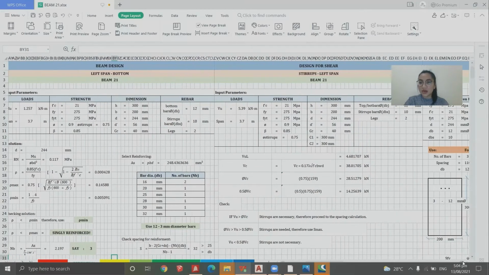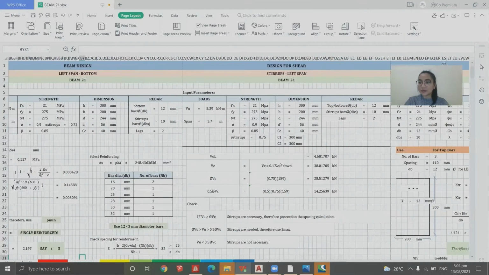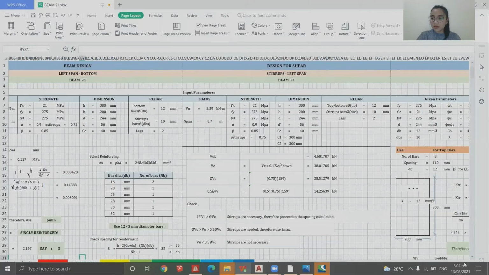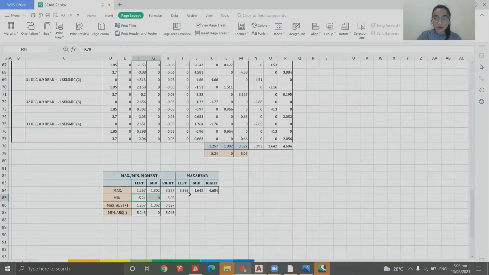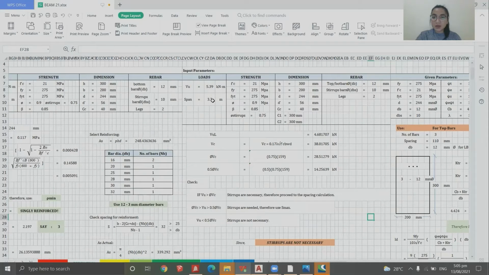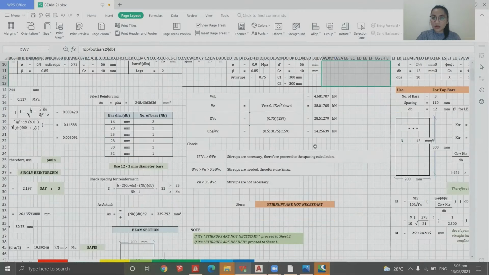Then we have here the design for shear. We have input parameters. Vu equals 5.39, which is still from the tabulation, 5.39. Span 3.7, same parameters.